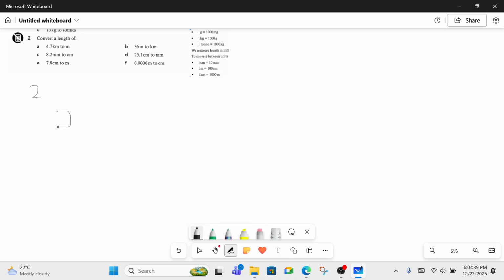So for question number 2C, convert 8.2 millimeters into centimeters. So we know 10 millimeters makes a centimeter.